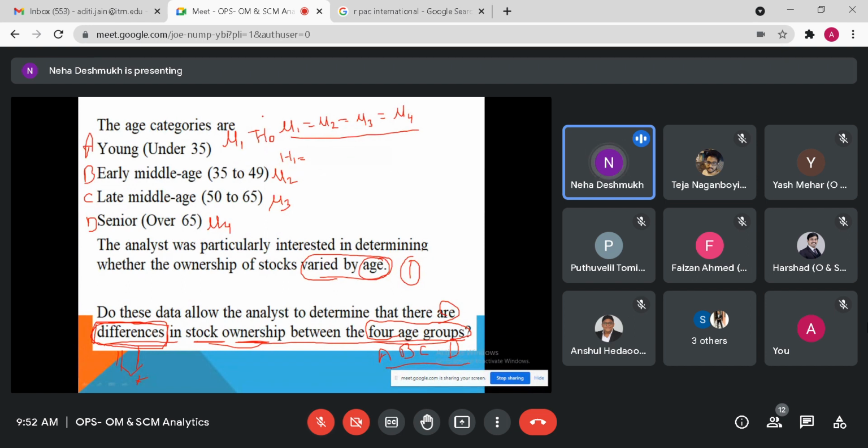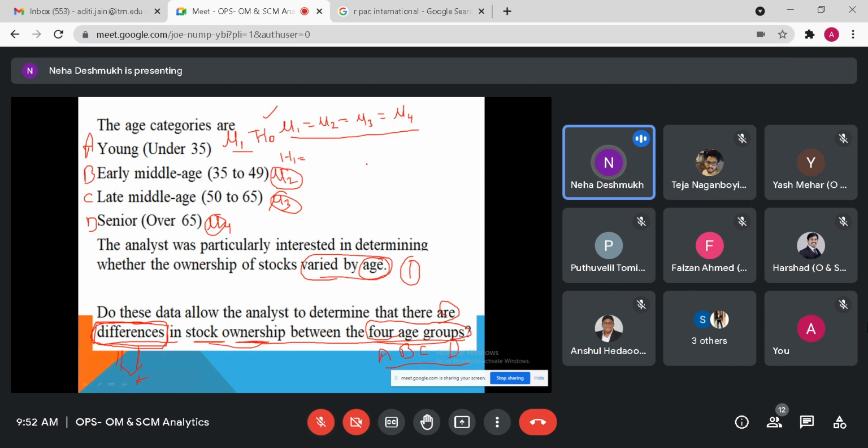This should be my H0. How to represent this in mathematical terms? These are the four categories already given. The average of these four categories is mu1, mu2, mu3, and mu4. So there is no difference between the population means. What does it mean? mu1 = mu2 = mu3 = mu4.